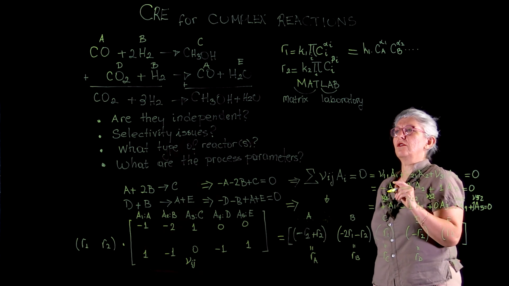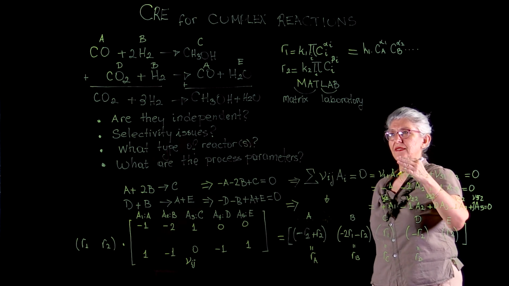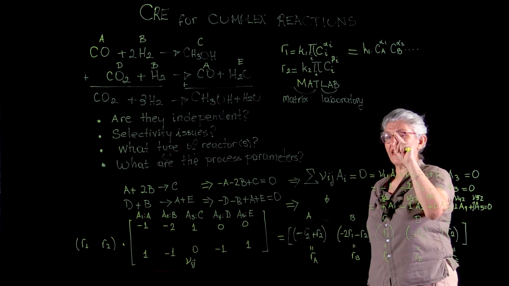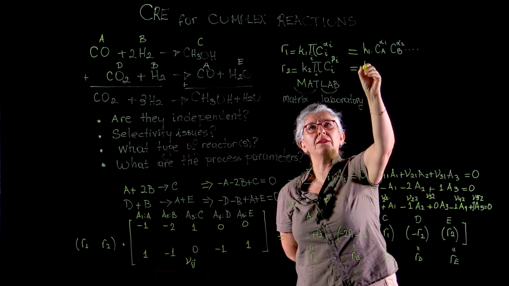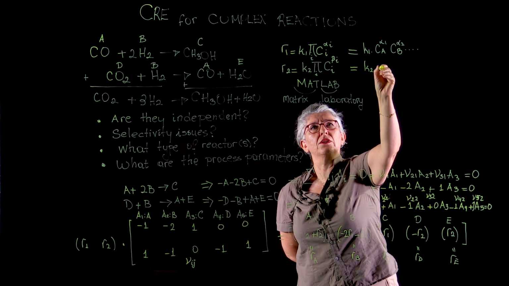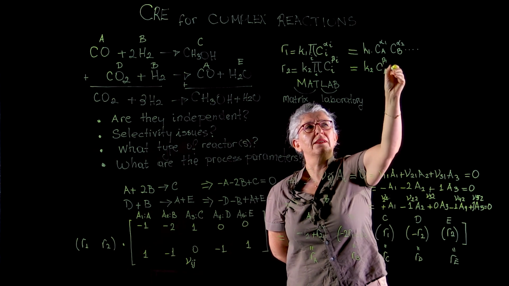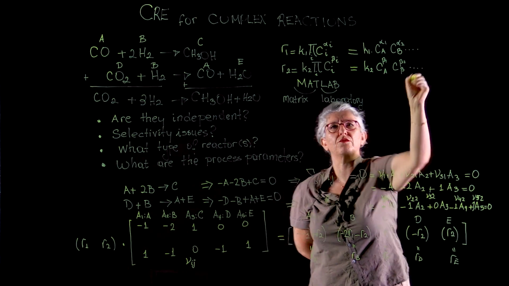We don't know if there are other elementary independent steps that are hidden underneath that overall reaction layer. Similarly, this is K2, Ca to the beta 1, Cb to the beta 2, and so on and so forth.